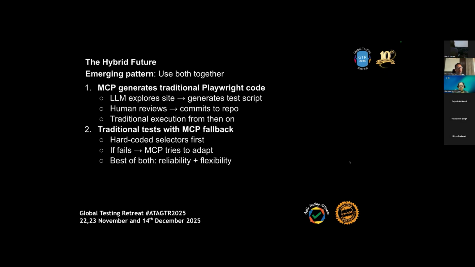Okay, so where are we headed if that's the case? My idea is we will have to use both together. The Playwright MCP generates the boilerplate code, the first push that you make to your repository, and then the test engineers review, make commits to the repo, change the stuff.